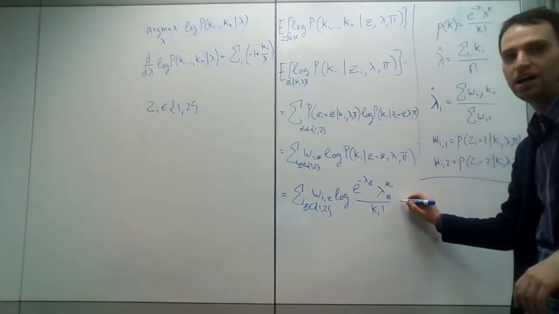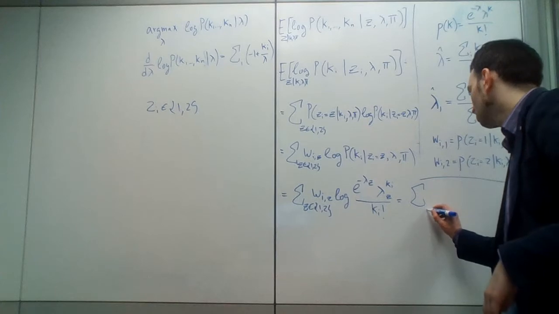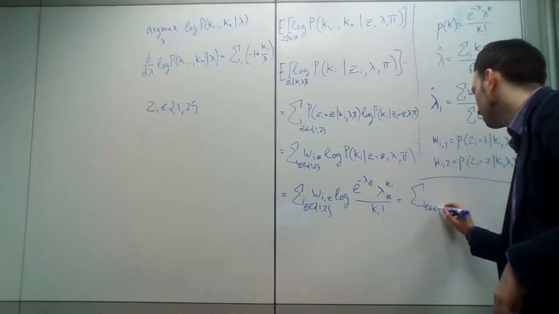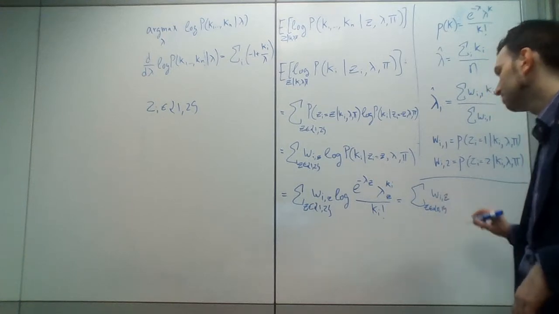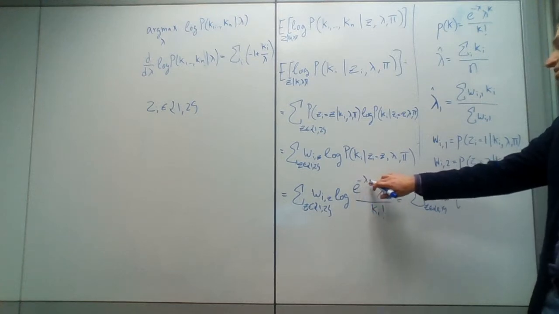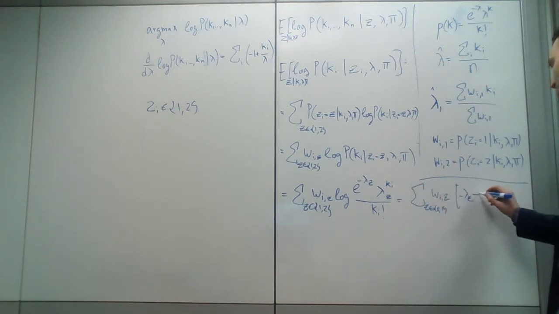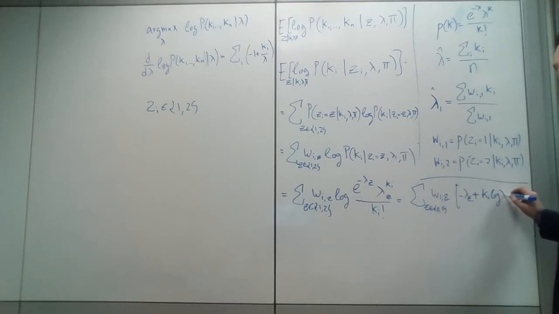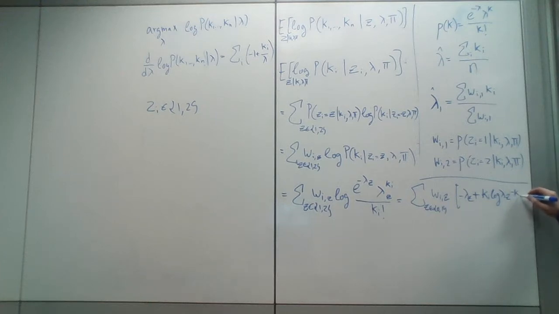So that's going to be equal to the sum over the z's, where z is in 1, 2, of wiz times: now, this is e to the minus lambda z, take the log of that, that's just minus lambda z. And then this is going to be plus ki log lambda z, and this is going to be minus log ki factorial.